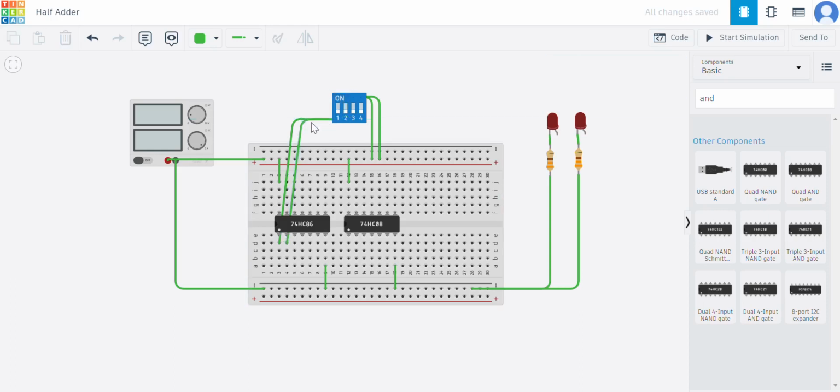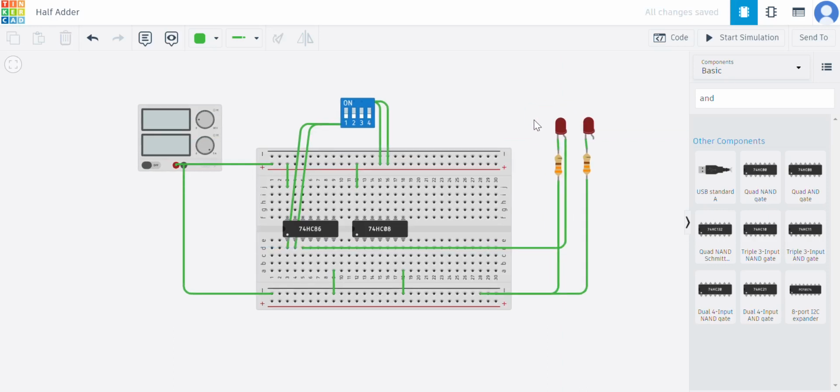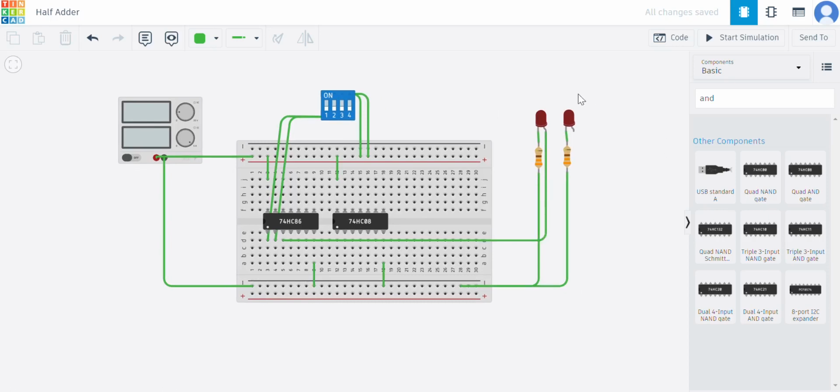The input 1A is taken from the first switch and input 1B is taken from the second switch. Now we will take the output from the output 1 pin and directly give it to the anode of one LED. This will act as the sum because sum is XOR.